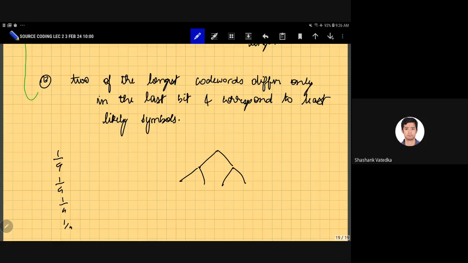Let's say that I assign 000, 001, 010, and 011. These are 4 code words assigned to these 4 symbols. Is it prefix free? Yes, it is.